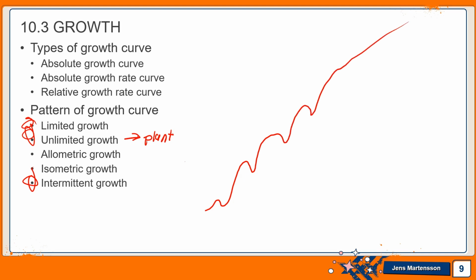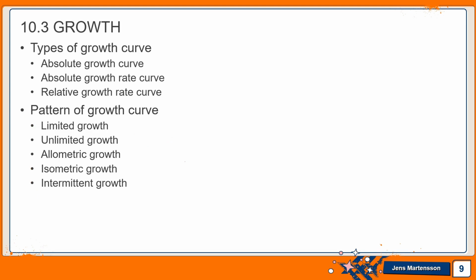It will go on unlimited. The plant will not die if the plant is not destroyed. This is unlimited growth. So the other types of growth are allometric, isometric, and intermittent growth. Allometric and isometric are new to you but easier to understand. Intermittent growth is for insect.